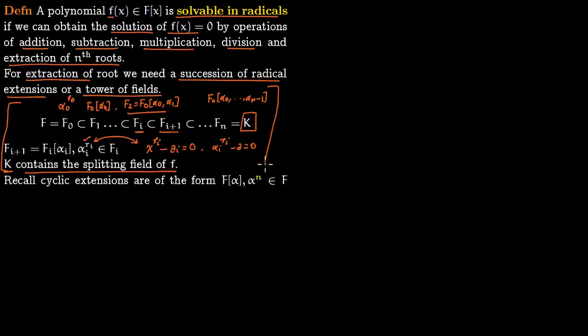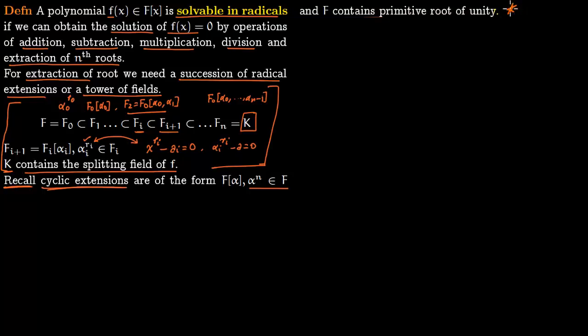But this is not that useful without attaching our primitive roots. This is because, as we discussed in great detail, cyclic Galois extensions are of the form F(alpha), where alpha to the power of n lies in the field F, and F contains a primitive root of unity.